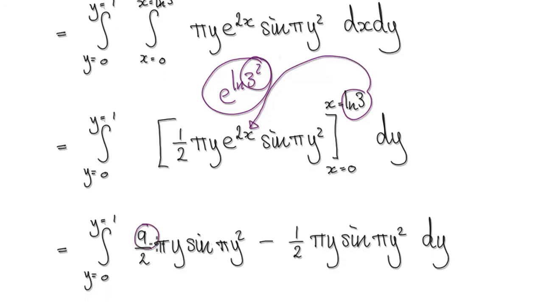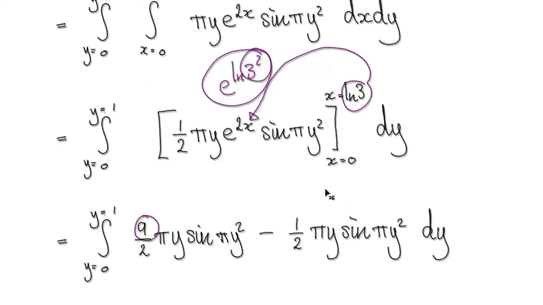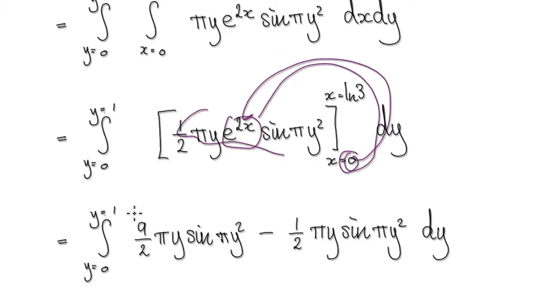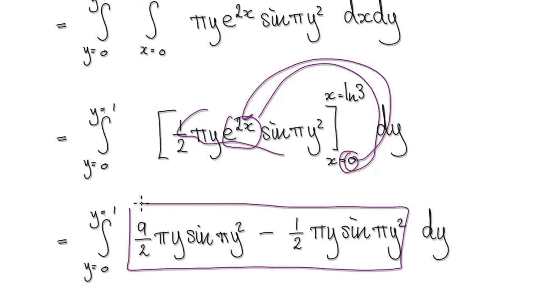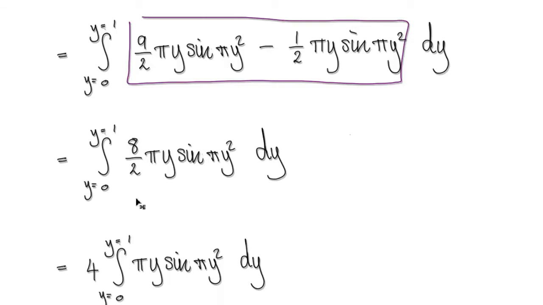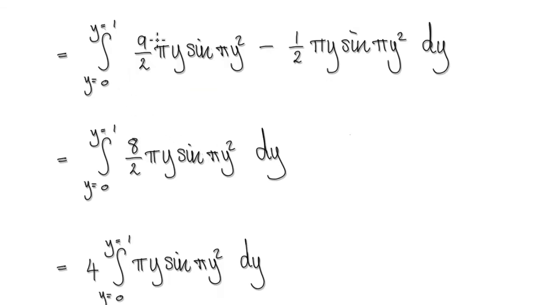Anyway, when you put 0 into here, this thing here will be 1. It would take us to here, and then now integrate with respect to y. But before you do that, notice that this block is exactly the same as this block.